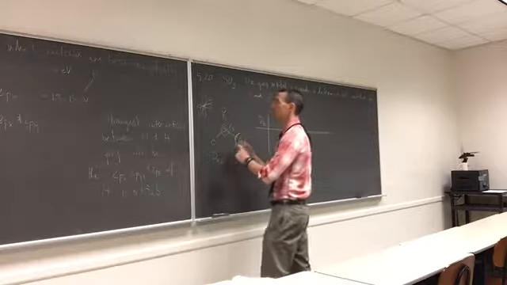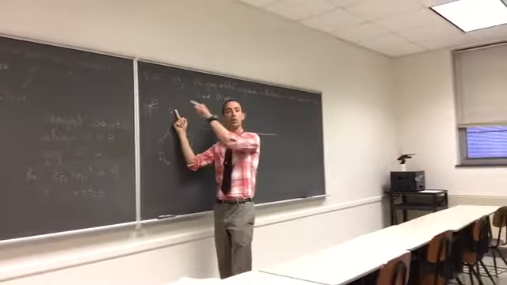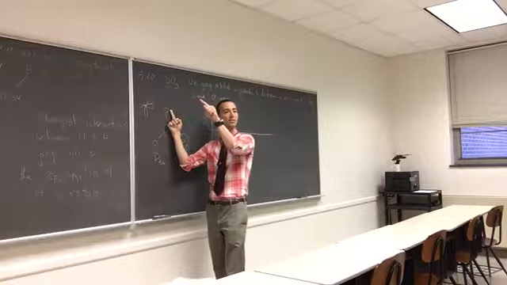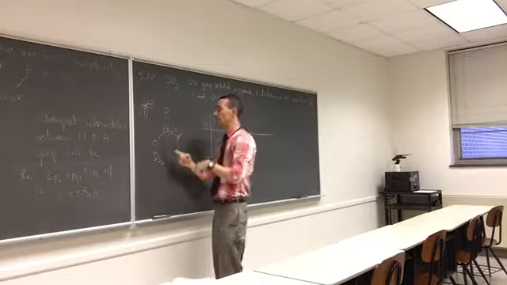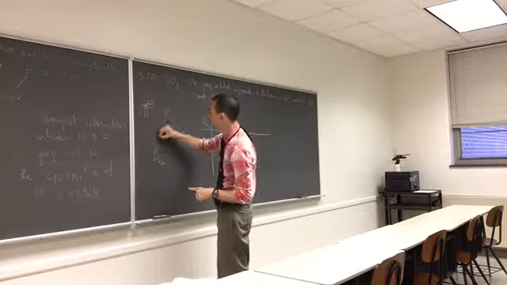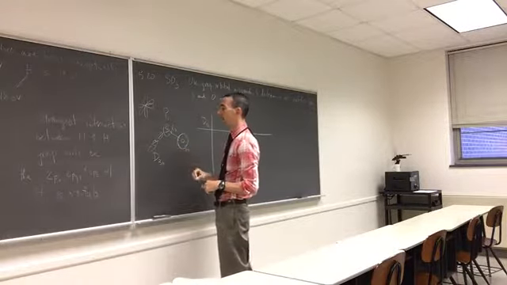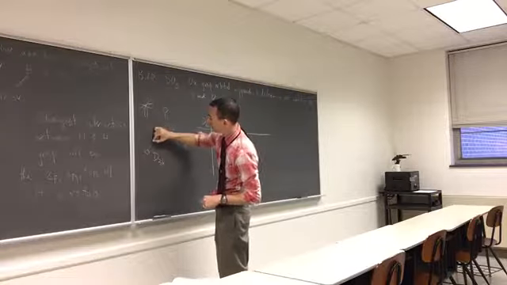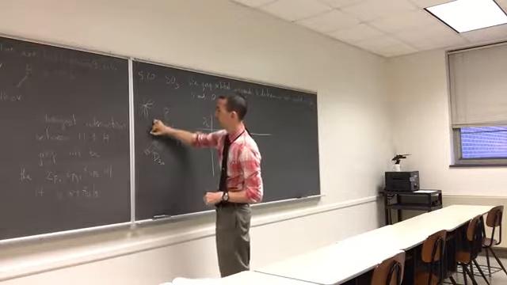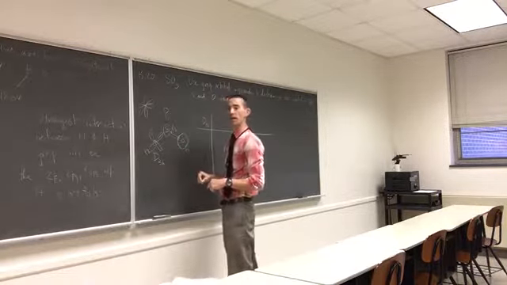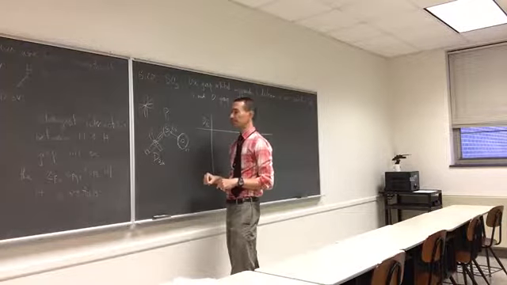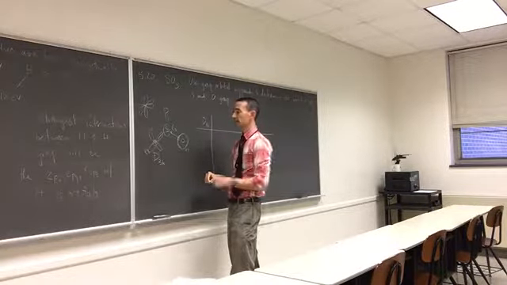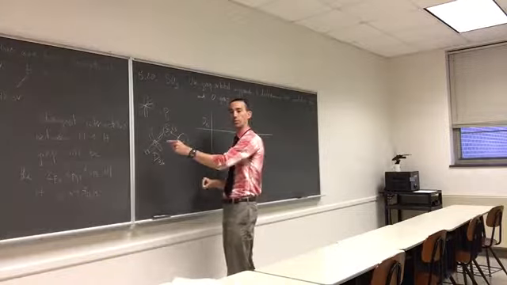The z's would be coming out of the board towards us. The y is easiest to draw; these would be the py's in each case. And then the px's would be perpendicular to them, like that. And again, the z's are coming out of the board.